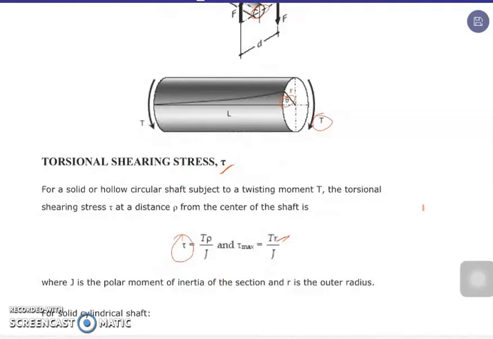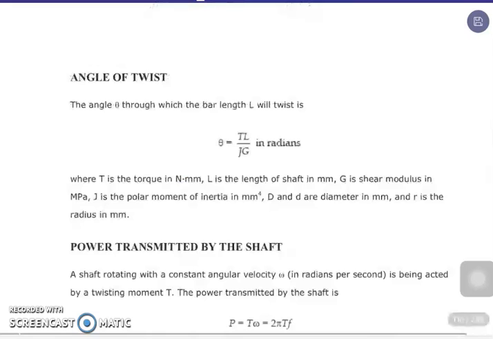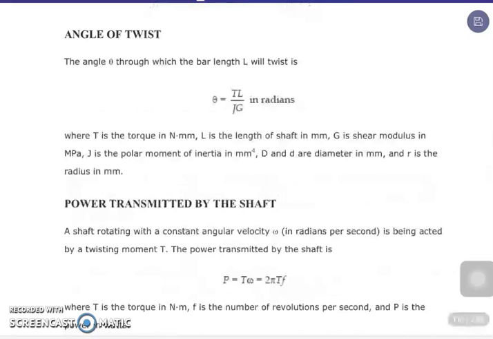That is the angle through which the bar length L is being twisted. The formula is theta equal to TL all over J times G.